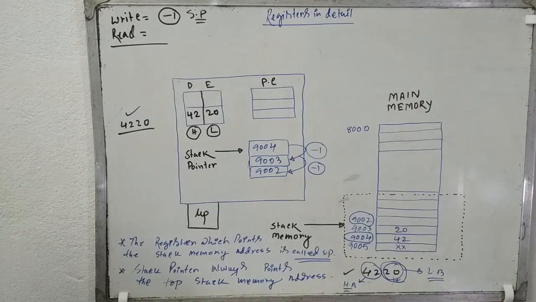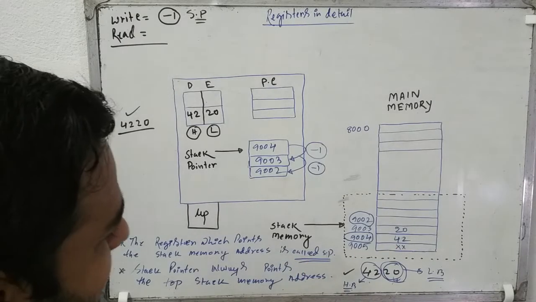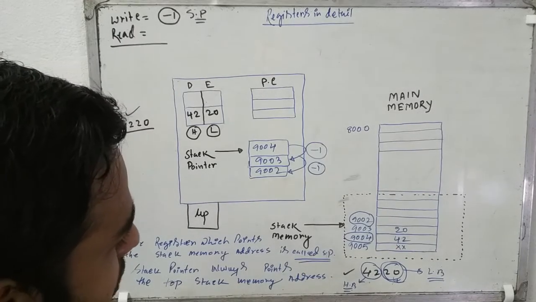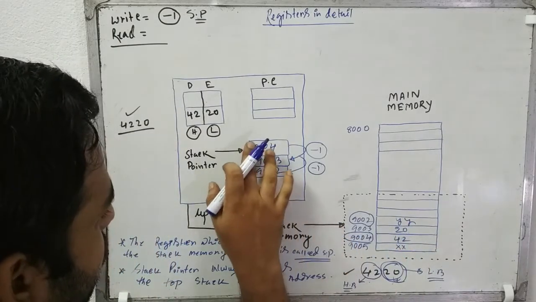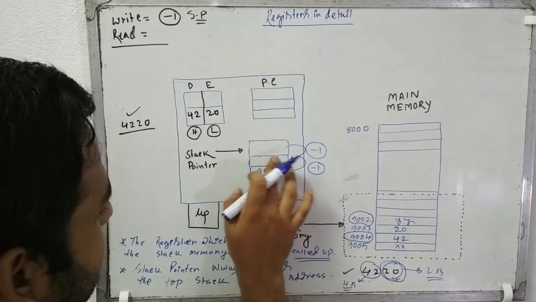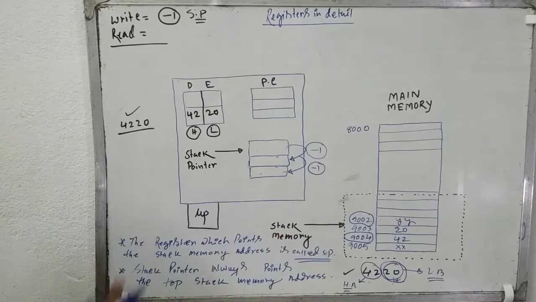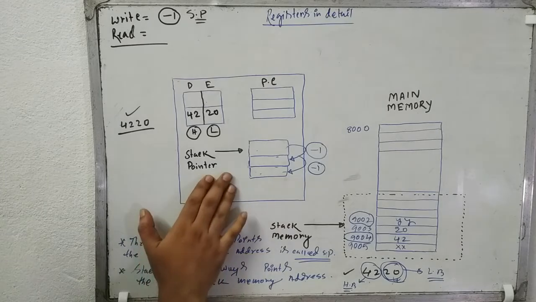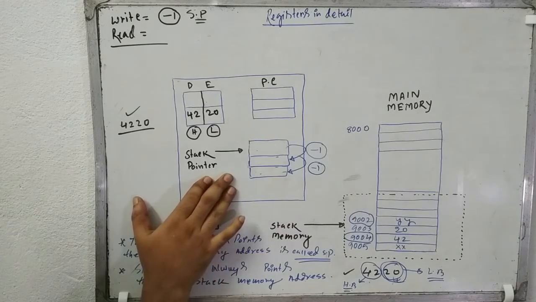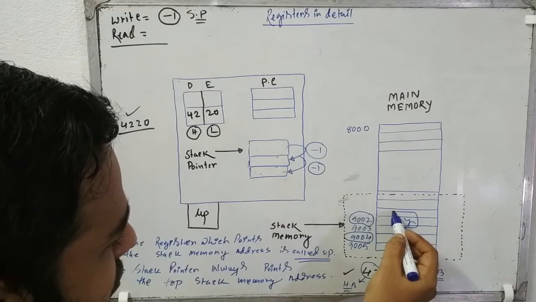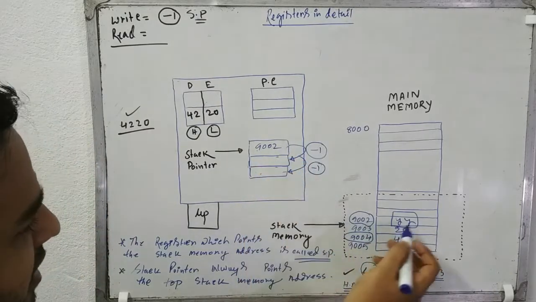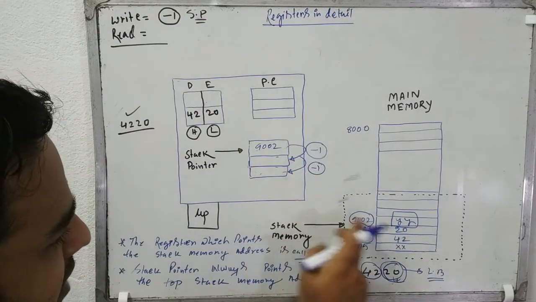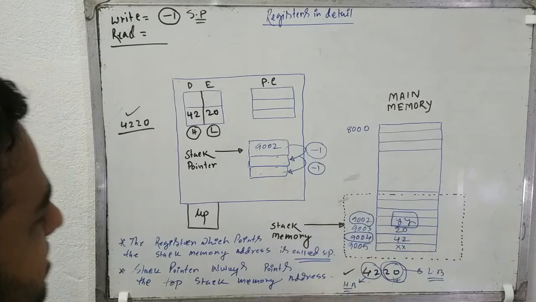Let's take that 9002 is also holding some data, which is YY. So at the time of the read operation, what will the stack pointer do? It will start to point to the lowest address of the filled memory location, which is 9002, and this address is filled by the 8-bit data YY.